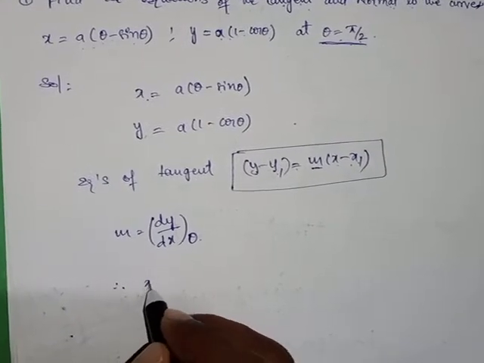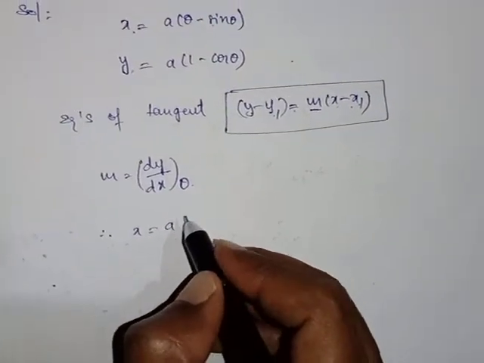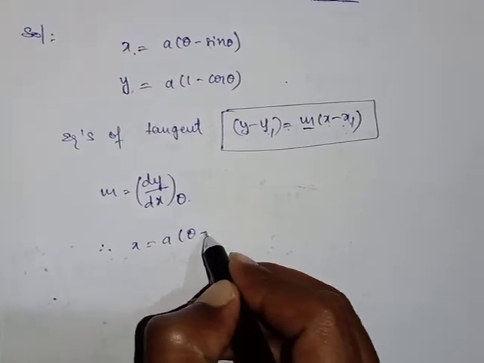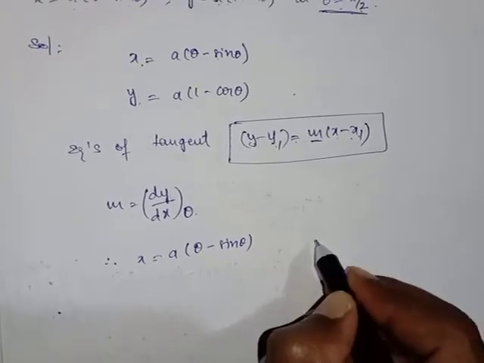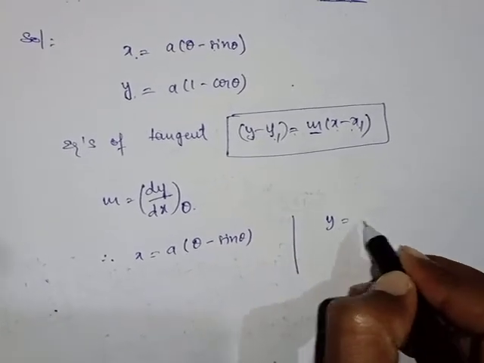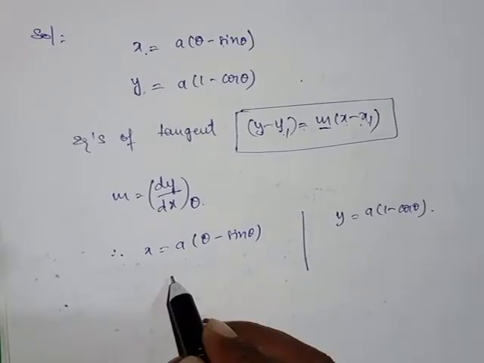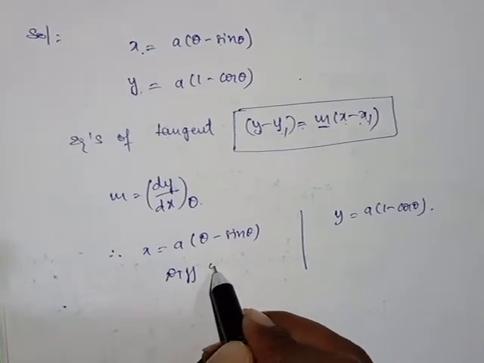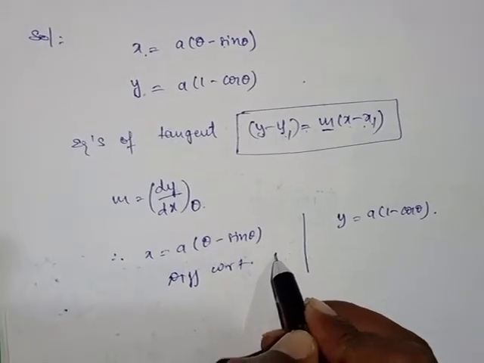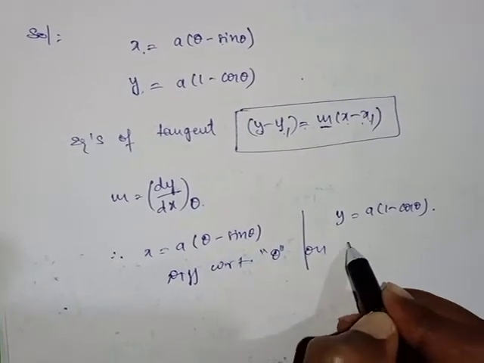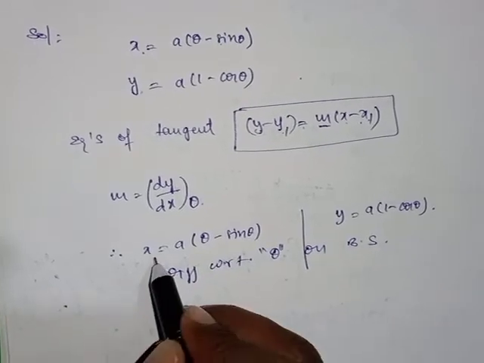That's why x = a(θ − sin θ) and y = a(1 − cos θ). Here differentiate with respect to theta on both sides, x and y.